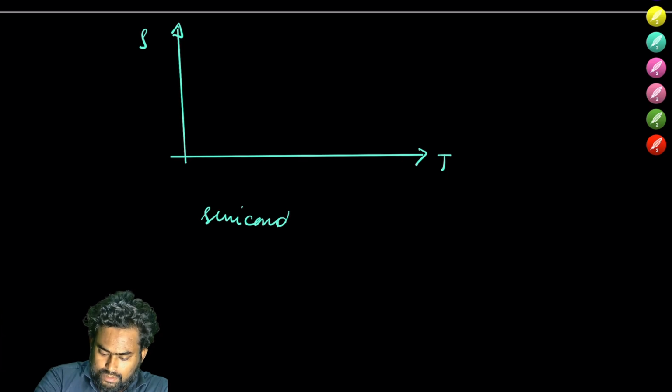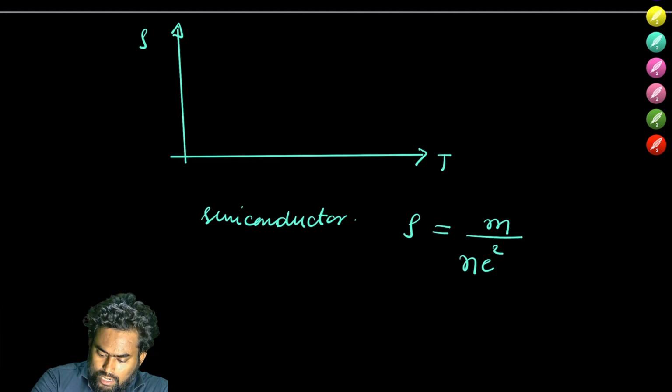Next case, if you talk about a semiconductor, the resistivity formula is m upon n e square tau.